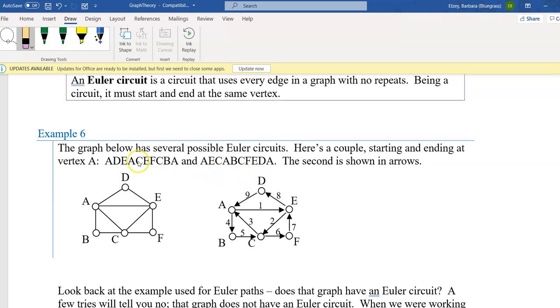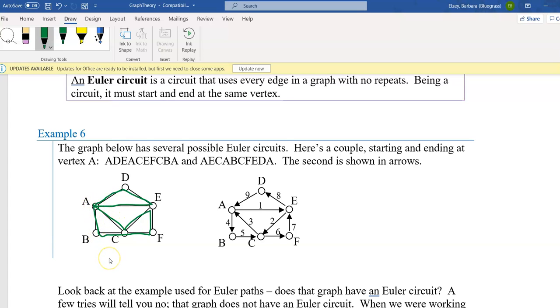No, it's really not two circuits. It's just listing them in opposite order. So let's follow that circuit. A to D to E to A to C to E to F to C to B to A.